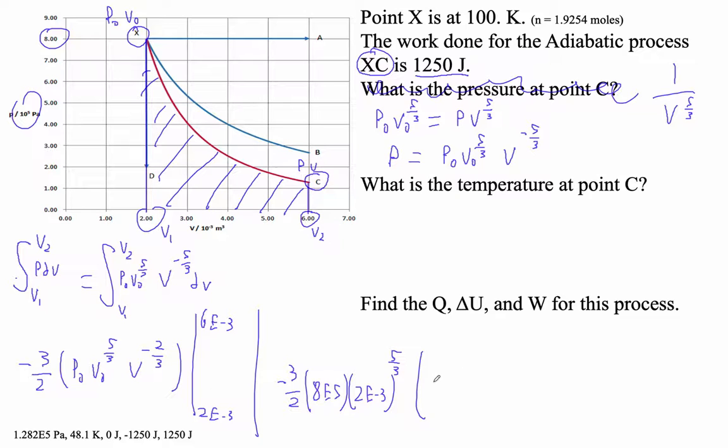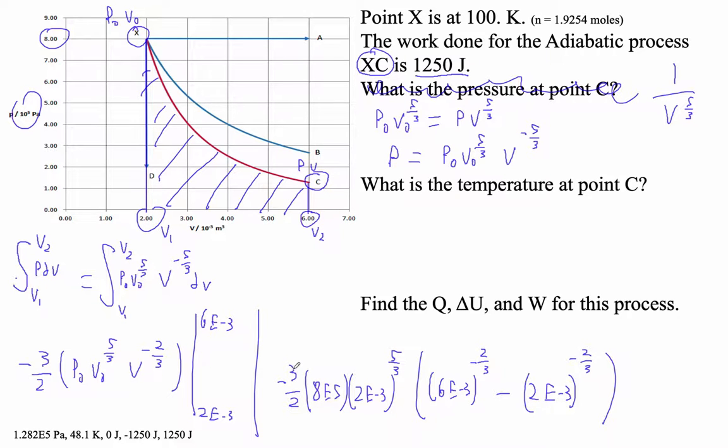It's going to be 6E minus 3 raised to the minus 2/3 minus 2E minus 3 raised to the minus 2/3. We can do it! It's very complicated, but we can do it. All right, so here we go.